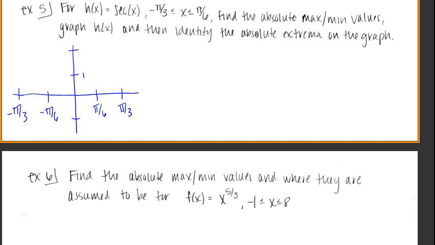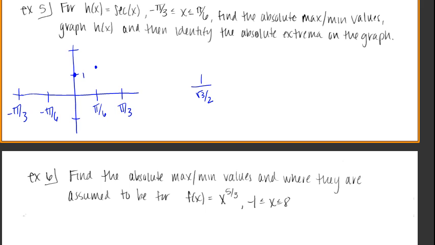The secant value at 0 is 1 over the cosine of 0, which is 1. At π/6, our far right side of the interval, it's 1 over the cosine of π/6, which is the square root of 3 over 2. If we swap that around, 2 divided by the square root of 3, we roughly get about 1.2, so I'll put a dot right there.